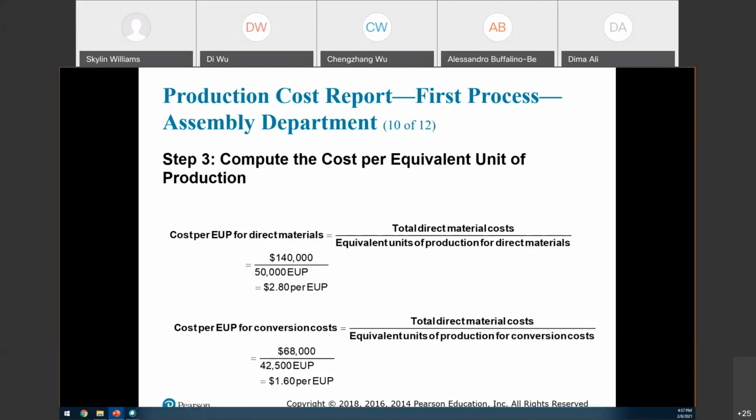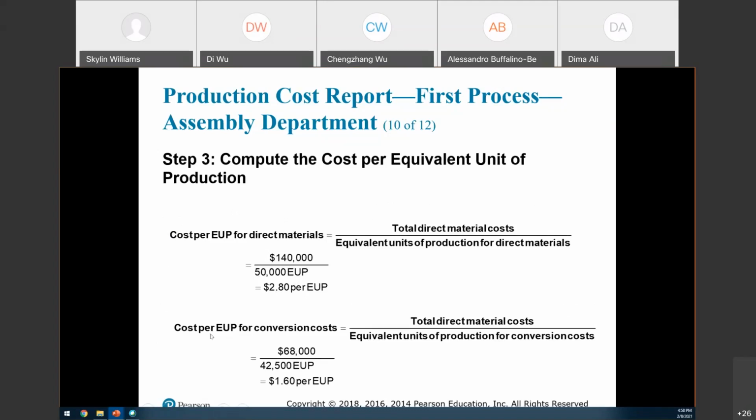So here is the calculation. Cost per EUP for direct materials, we use 140,000 divided by 50,000 EUPs. We get $2.80 per EUP regarding direct materials.